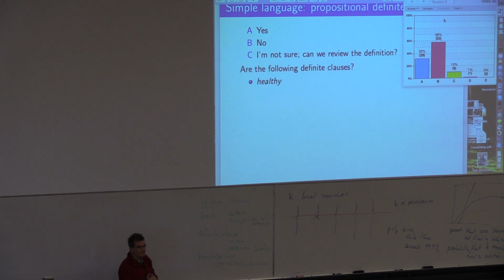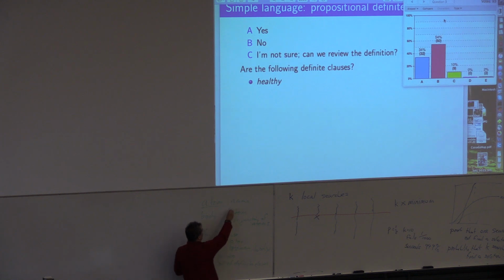So why isn't it a definite clause? Come on, someone tell me why it's not. Definite clause is an atom with a body? No, it's either an atom or it's an atom with a body. A body is one of these two things, and a definite clause is one of these two things.